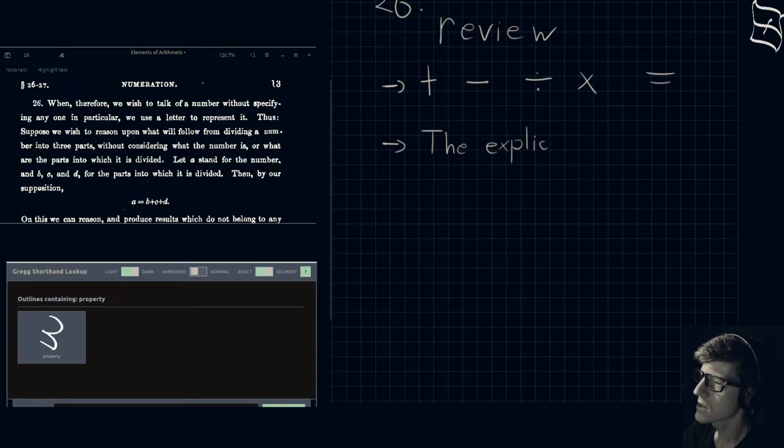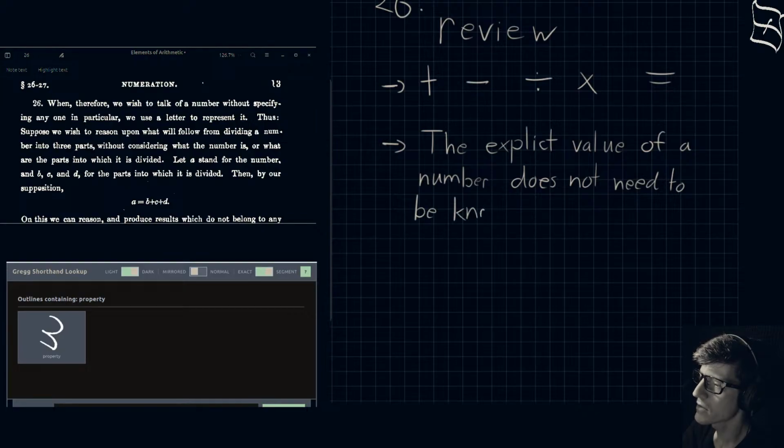The explicit value of a number does not need to be known when observing general properties.